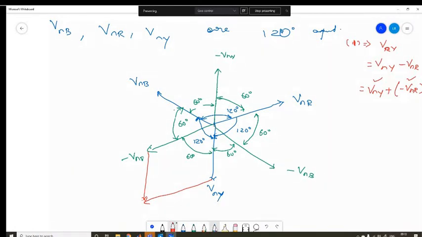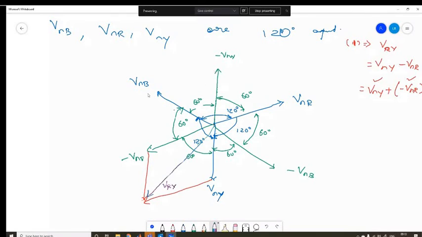Let me use another color. So this will be my VRY. In the same way, if I can add VNB and minus VNY, I'll be able to get VYB.